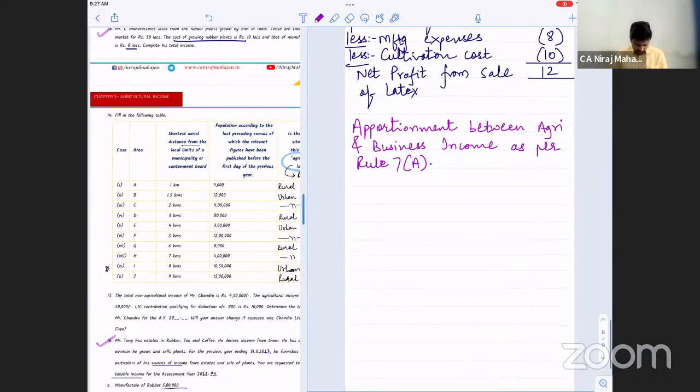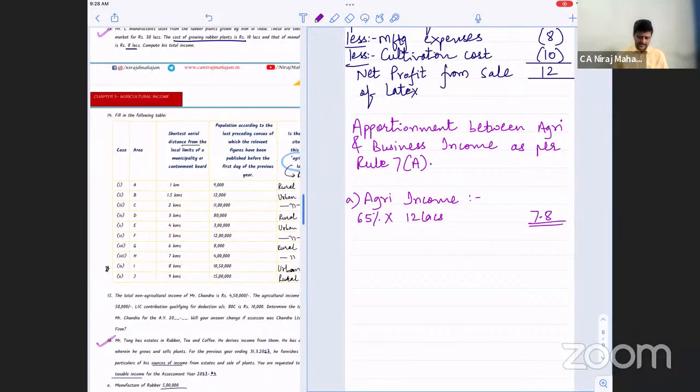So first part, agri income is how much? What is the ratio? 65 by 35, correct? So 65% of 12 lakhs. How much? 7.8, is it?